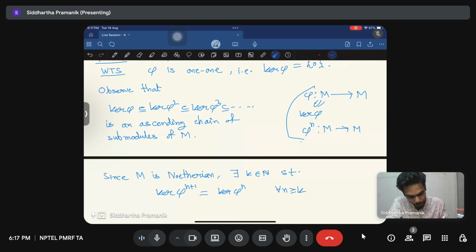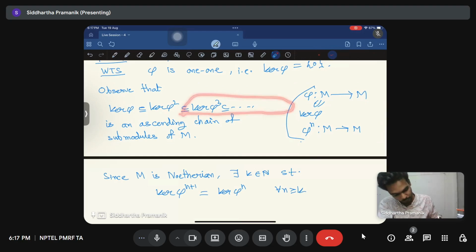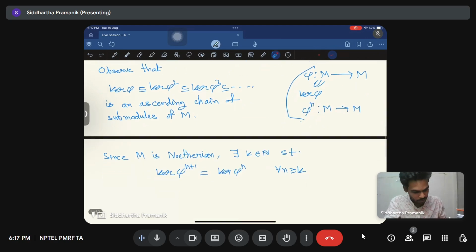So that means after a certain stage all these submodules will be the same, all the submodules will be equal, and I'm choosing that stage to be k.